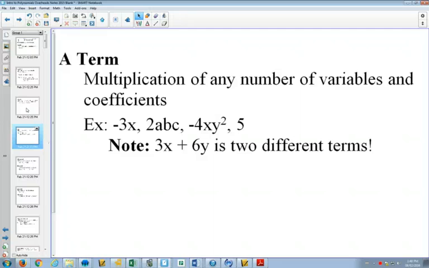But anytime you have two different things separated by adding or subtracting, that makes them different terms. So a term is when something is connected by multiplication, whether it's coefficient and variables. You could have just variables or just a number. That would still make it a term. Anytime you add or subtract, that makes two different terms.